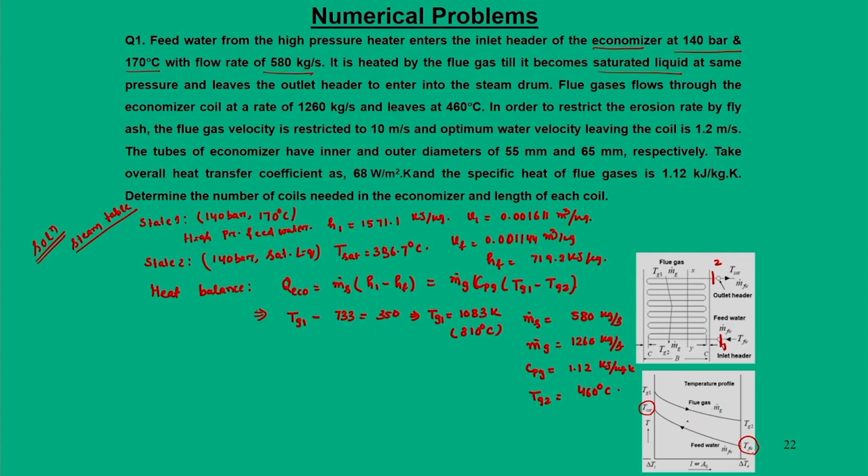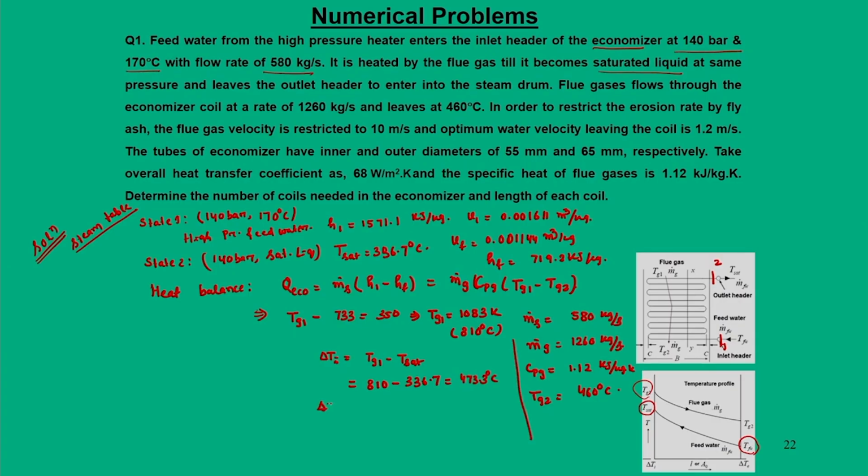So, now you come back to these data points. We know Tg1, Tg2, T saturated and Tfw. So, you can find delta Ti, that is Tg1 minus T saturated, equal to 810 minus 336.7, which is 473.3 degree centigrade.